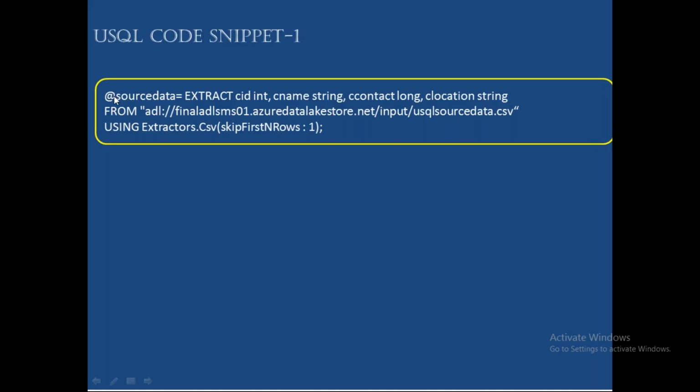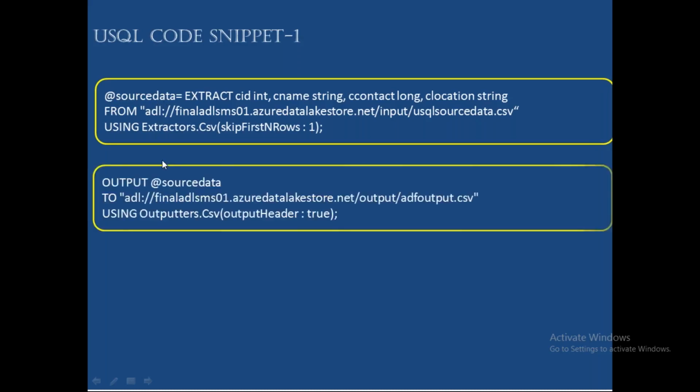This is my variable. I used EXTRACT to extract these columns from this location using the Extractors.Csv class. Now source data is my output, because I don't want to do any transformation, I want to write it as it is. So output is @sourcedata.